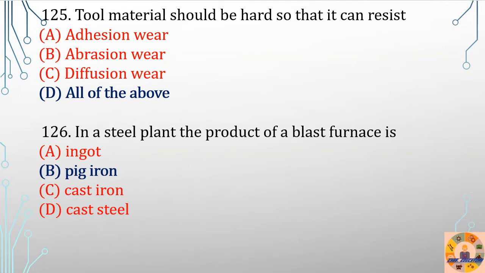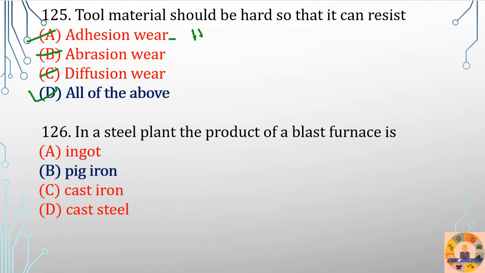Question number 125. Tool material should be hard so that it can resist. So it can resist adhesion, abrasion, diffusion. So all of the above are correct. Abrasion is the sliding of the layer of the material. Adhesion is due to high temperature and pressure.